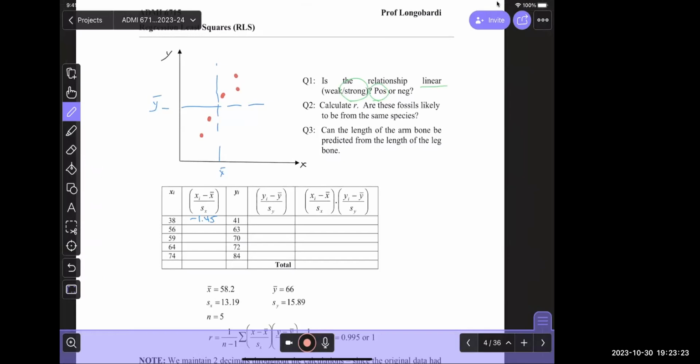Okay, so now do it for the Y. Negative 1.57.